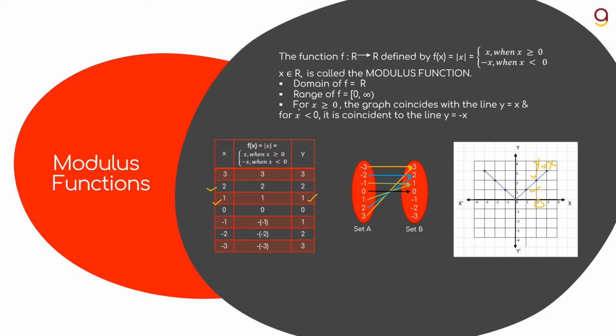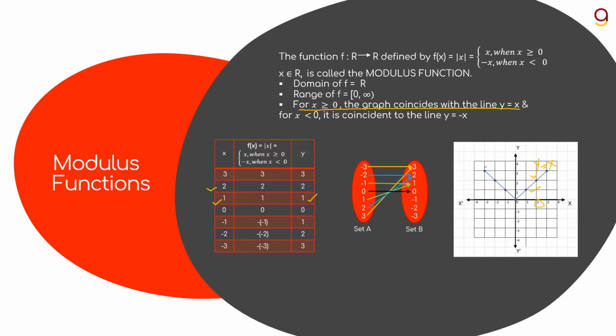So we can say that for x greater than or equal to 0, the graph coincides with the line y is equal to x. Now, let's see what happens for the negative numbers. For the negative number minus 1, we will get the output to be positive 1. For minus 2, again we will get a positive 2. For negative 3, we will get a positive 3.